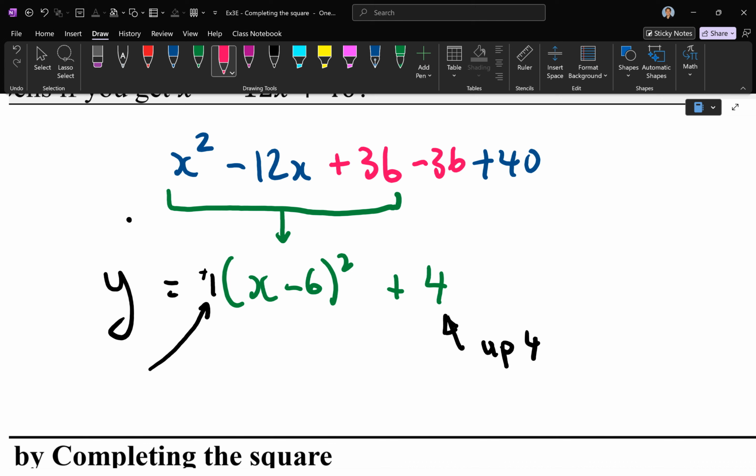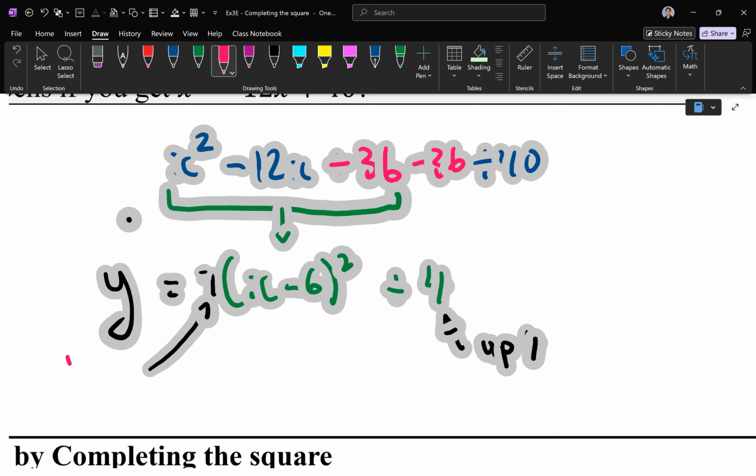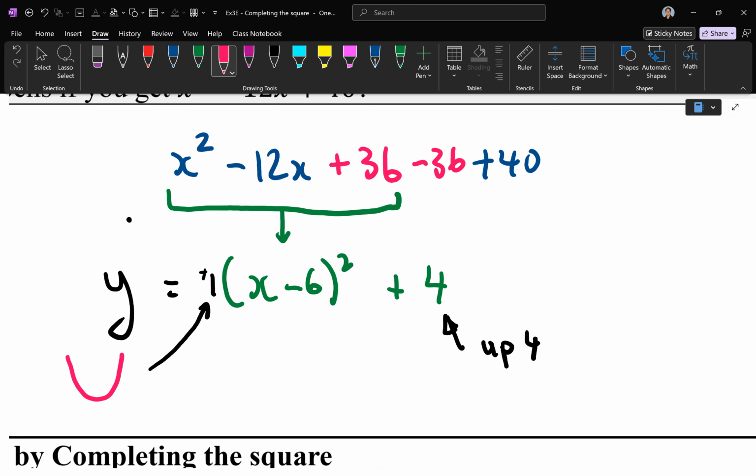It is a smiley face, because if you're feeling positive, the shape of the graph should be a smiley face. If it's 1, well, it's a normal shape. Obviously, the larger the number, so I said if it's larger than 1, it'll get thinner. And if it's between 0 and 1, it should be wider. So in this case, it's a normal smiley face.